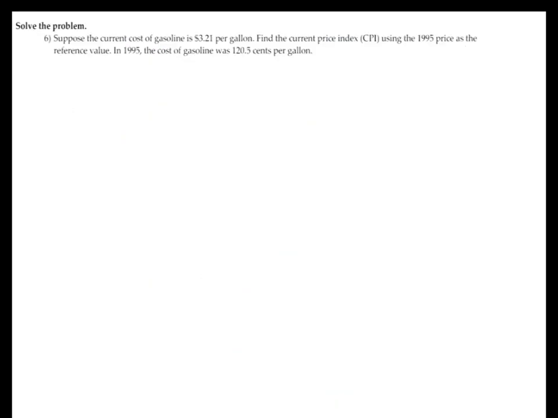Okay, so moving along to problem 6, we're told to solve the problem. Suppose the current cost of gasoline is $3.21 per gallon. Find the current price index using the 1995 price as the reference value. So in 1995, we're told that the cost of gasoline was 120.5 cents per gallon.